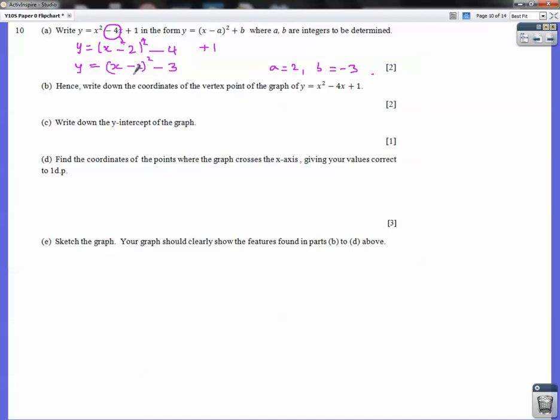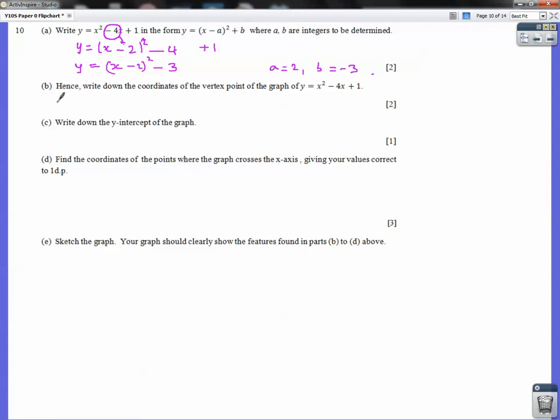Any number squared is positive or 0. If it's positive, a positive number minus 3 is obviously going to be a bigger amount than 0 minus 3. So the smallest value you can have is when y is minus 3, and this minimum point occurs when x equals 2, when this bracket is 0.